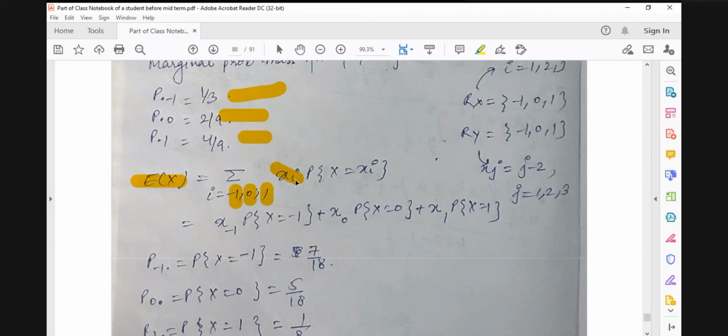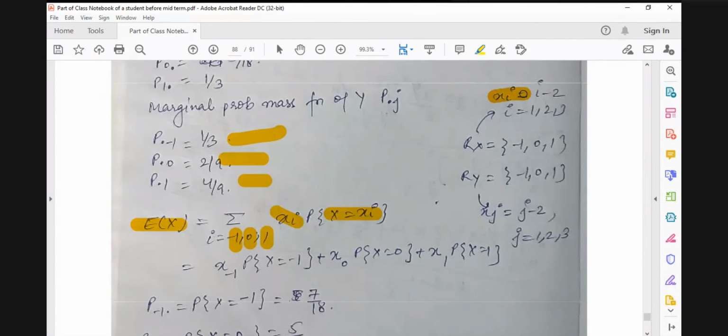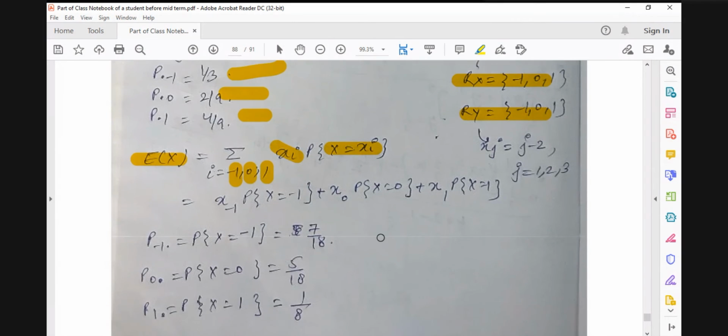This is xi, and I also want the probability that x equals xi, and I already told you that xi is actually i in this particular case. So if xi equals i, then i equal to -1 means x of -1 is actually -1. So this is the range set of x, range set of y. Here I have to run this summation index i over these three values.